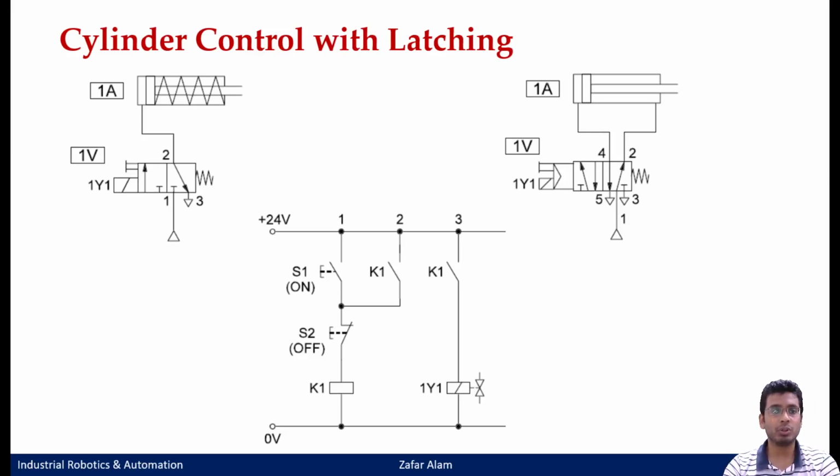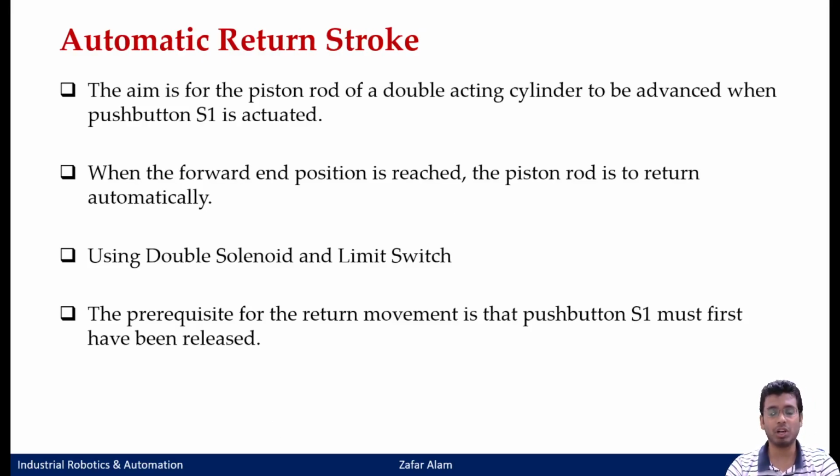Fine. So with this, we are now going to move to our next circuit design problem, and that is the automatic return stroke. From here onwards, you all can even try it with your software. So the aim is for the piston rod of a double acting cylinder to be advanced when push button S1 is actuated.